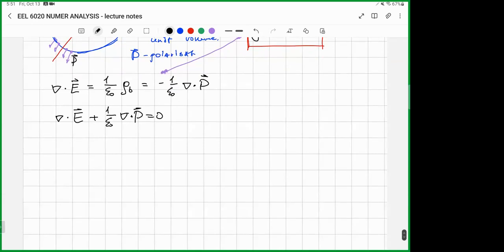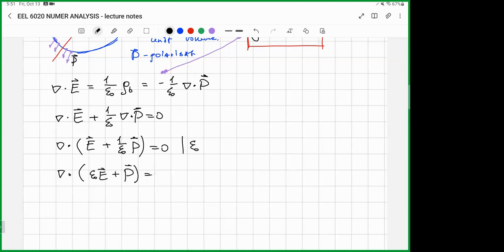So it's the sum of divergences of two vectors, which is equal to the divergence of the sum of the two. So it's E plus 1 over epsilon 0 P. And finally, if I multiply both parts by epsilon 0, which is a constant, I come to this formula: divergence of epsilon 0 E plus P is equal to 0.